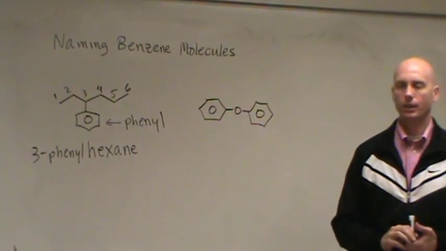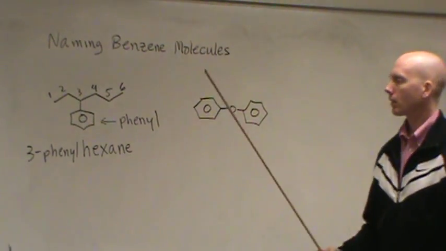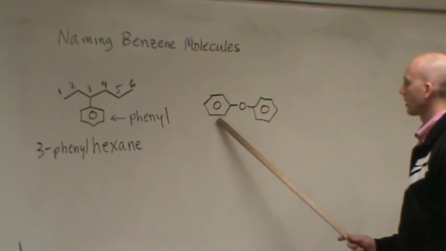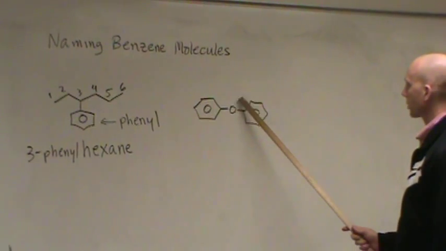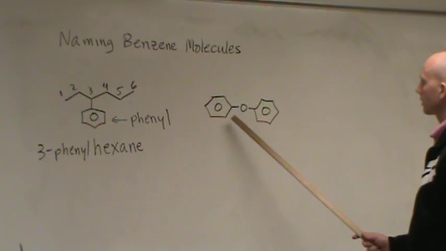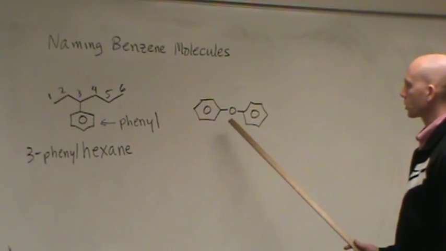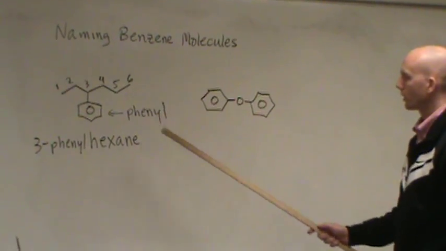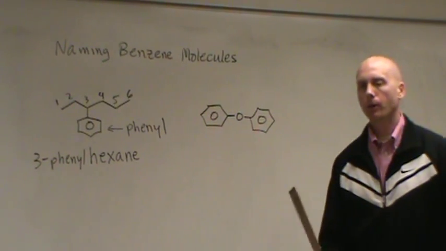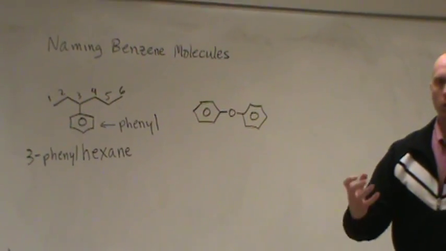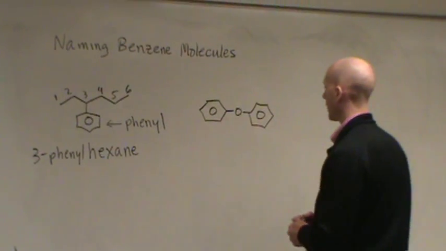Let's look at another example. Here we have an oxygen with 2 what? Benzene rings, or what we can call 2 phenyl groups. Remember that oxygen with 2 carbon groups on it is an ether.